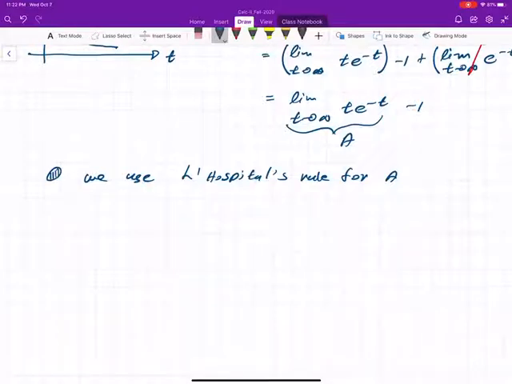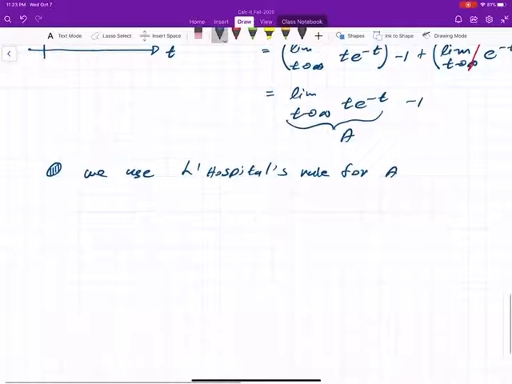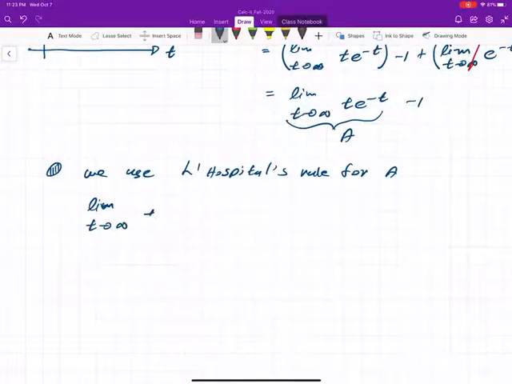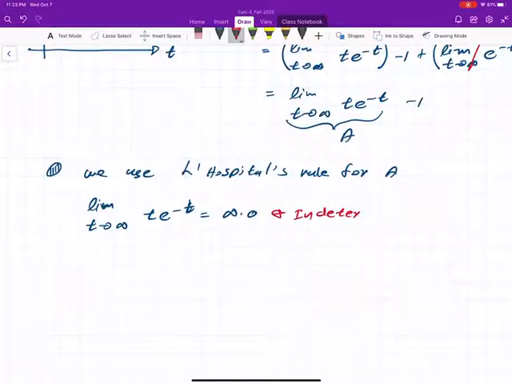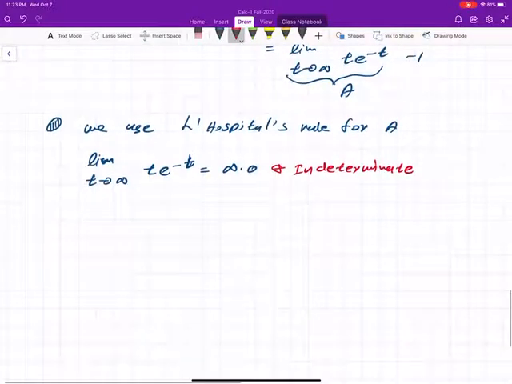If you have an indeterminate form, and you apply the limit as t goes to infinity of t e^(-t), you get infinity times 0. This is indeterminate, so you have to use L'Hopital's rule.